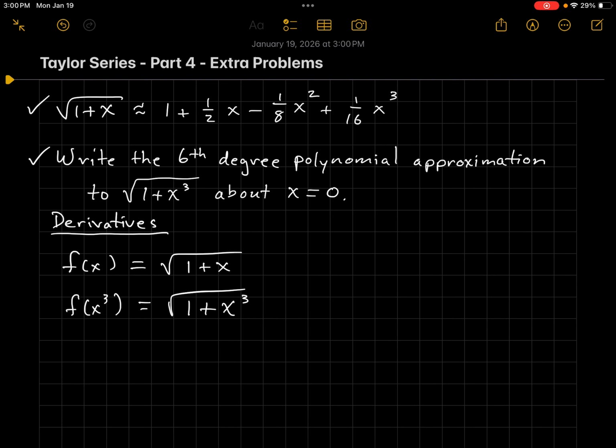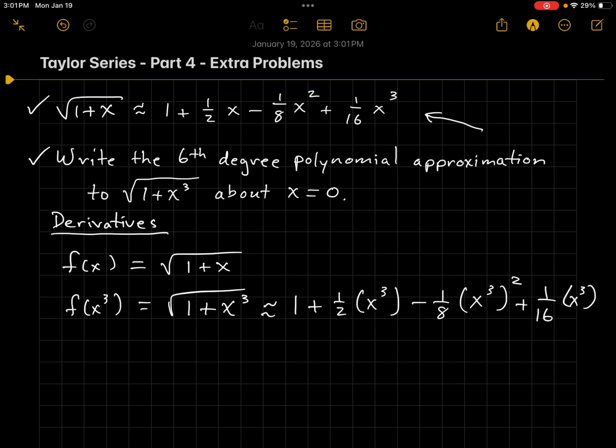So instead of taking a bunch of derivatives, what if we went to our series for root 1 plus x and then replaced every x with x cubed inside parentheses, giving us 1 plus 1/2 x cubed minus 1/8 x cubed squared plus 1/16 x cubed cubed.